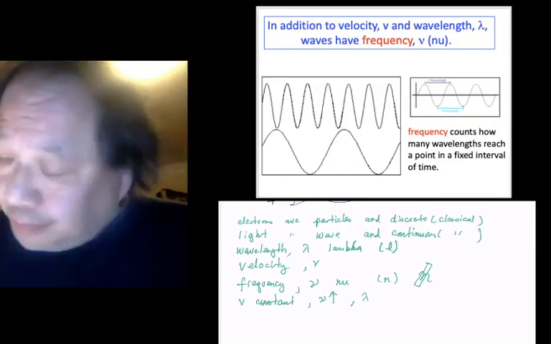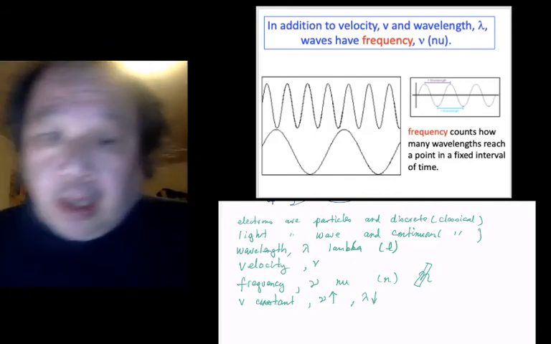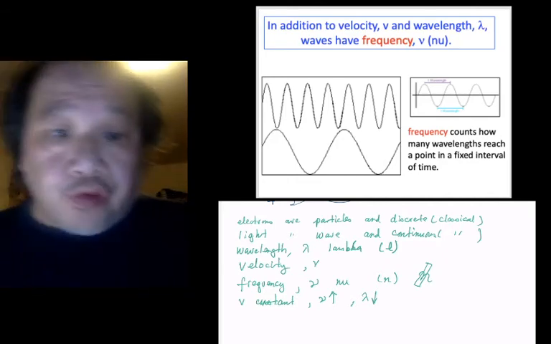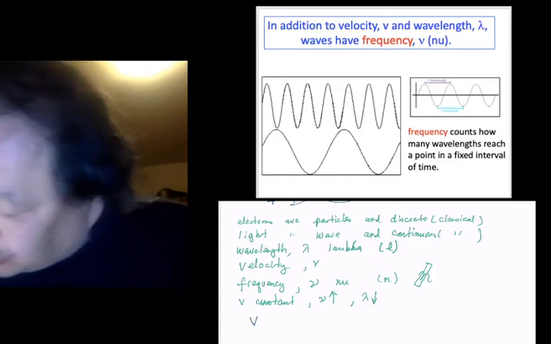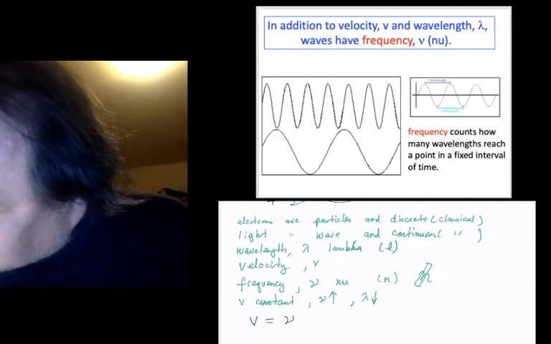Lambda was smaller. And that's because of this classic relationship, true for all waves, that velocity, this is a v, not a nu, is always equal to nu, the frequency, times lambda.